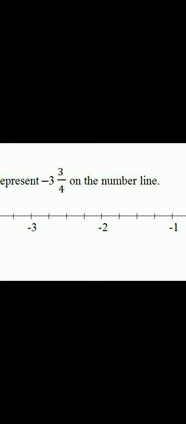Here I have divided 0 to minus 1 into 4 parts, minus 1 to minus 2 into 4 parts, minus 2 to minus 3 also into 4 parts, and minus 3 to minus 4 into 4 parts. So after minus 3, the first part will be minus 3 whole 1 upon 4, the second part will be minus 3 whole 2 upon 4, and the third part will be minus 3 whole 3 upon 4.